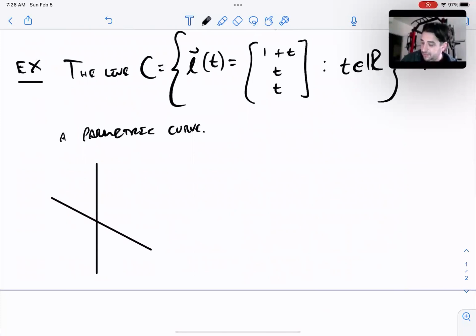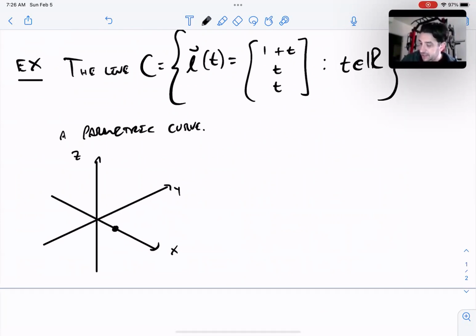And what would this be? Here's x, y, and z. This is starting at the point 1, 0, 0. If I plug in, and here I'm just using L instead of R, but it's the same idea. And then from there, I'd go up to L of 1. I'd go over 1 unit, and then up 1 unit in the z.